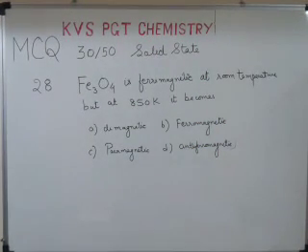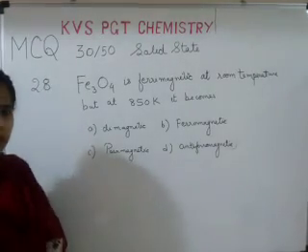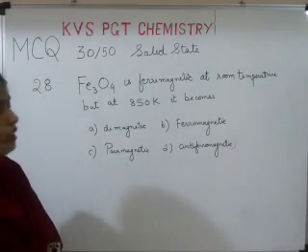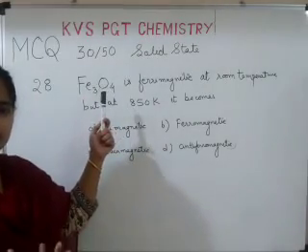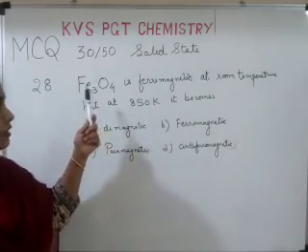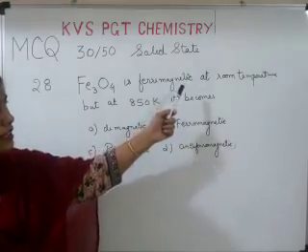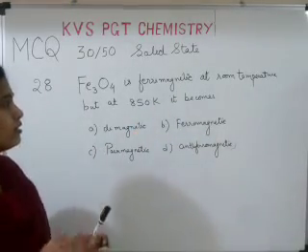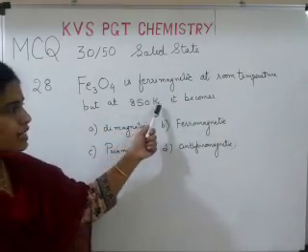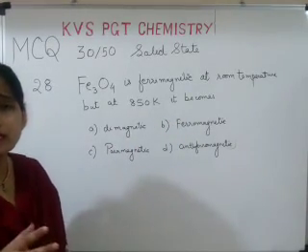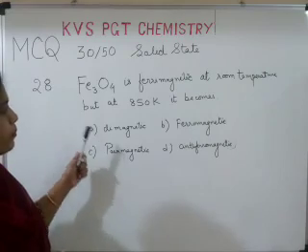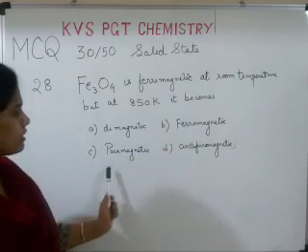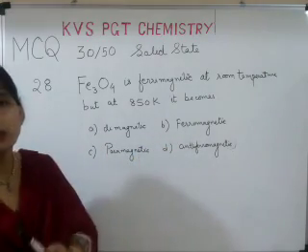Now children, here we have another question, question number 28. It is a theory based question. See what is given, Fe3O4. What is the name of Fe3O4? It is a magnetite ore, is ferrimagnetic at room temperature. Now, but at 850 Kelvin it becomes, it means that when you are heating this ore, it turns into, okay, diamagnetic, ferromagnetic, paramagnetic and antiferromagnetic.